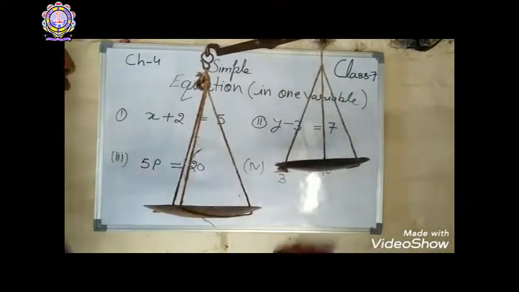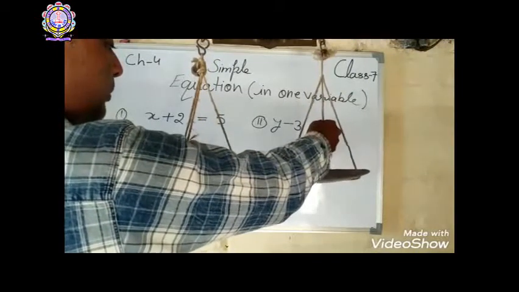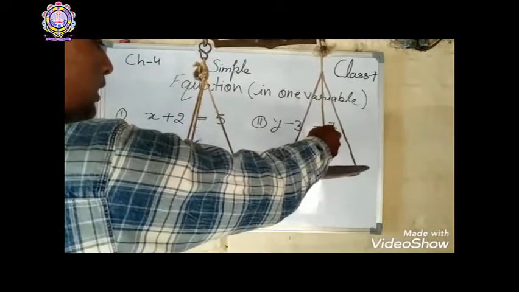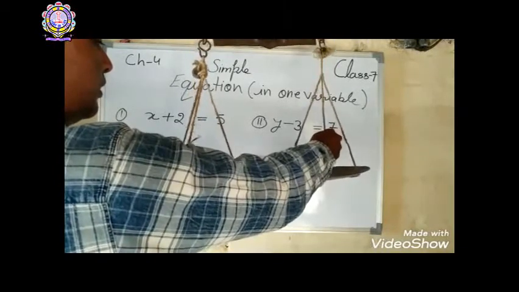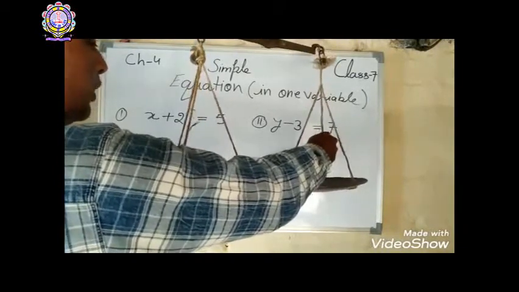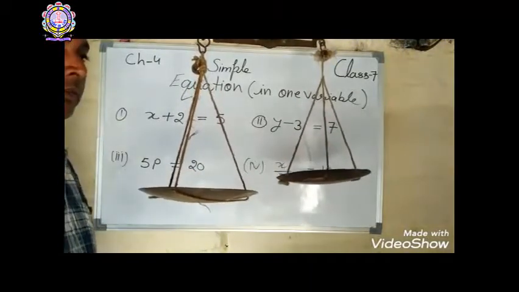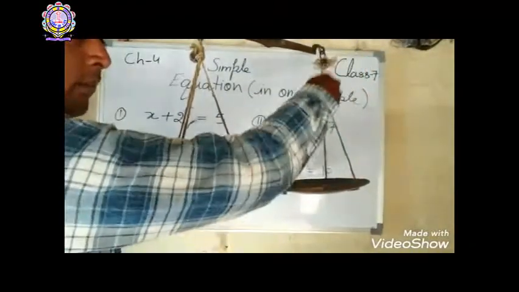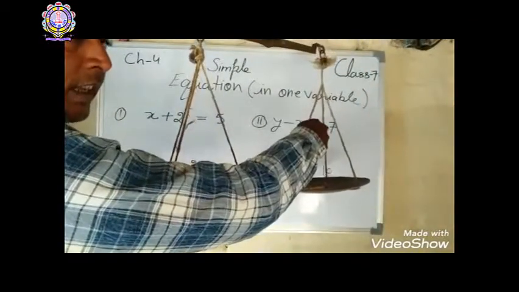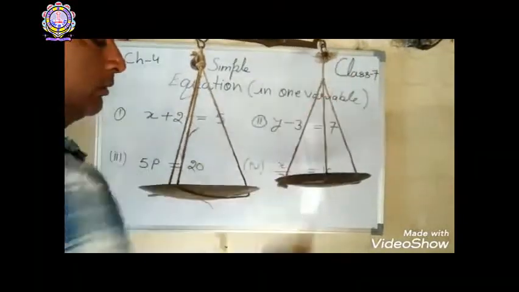When we add some more grains on the other pan, you get both sides equal. So what I am doing when I am pouring the wheat on that side, I am adding. Is it clear? What am I doing? I am adding.